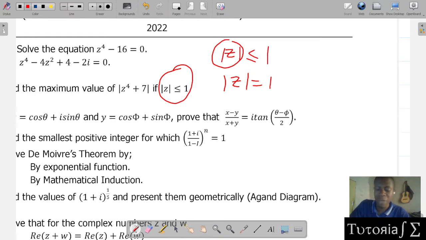So less than will be the minimum and equal to will be the maximum. So that is what we are going to use. Then we have z to the power 4 plus 7. We are finding the maximum value of this if z modulus is equal to 1 in this case, since that is the maximum value.